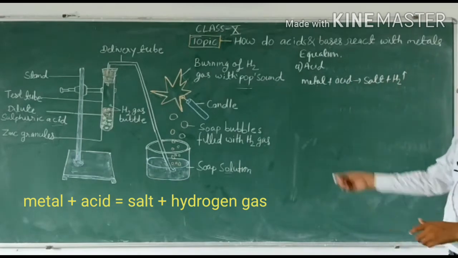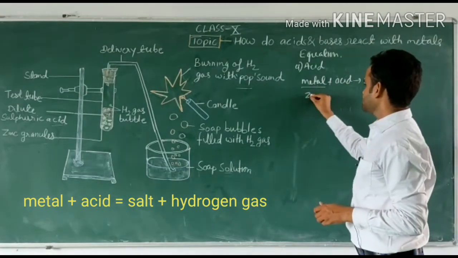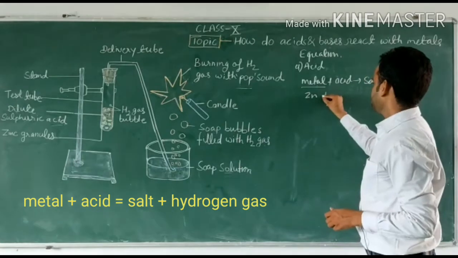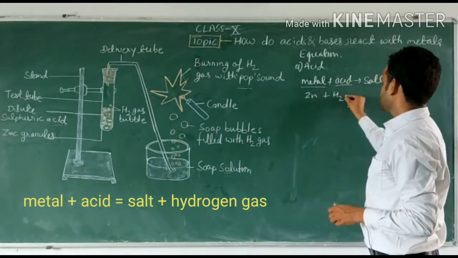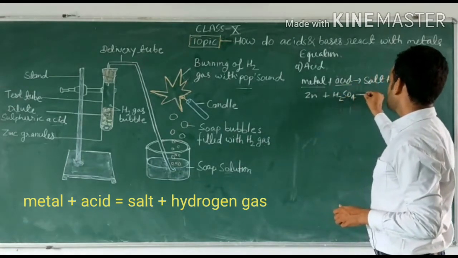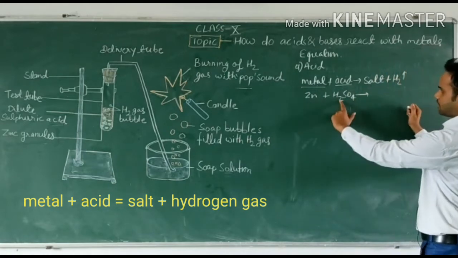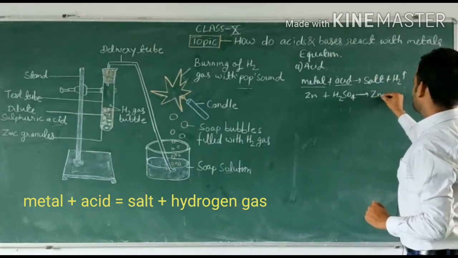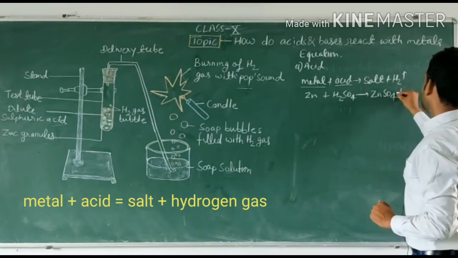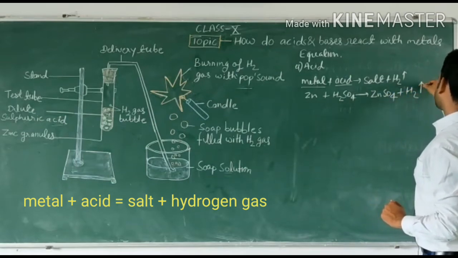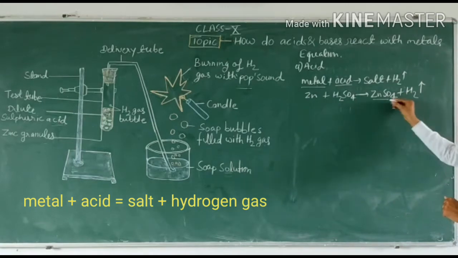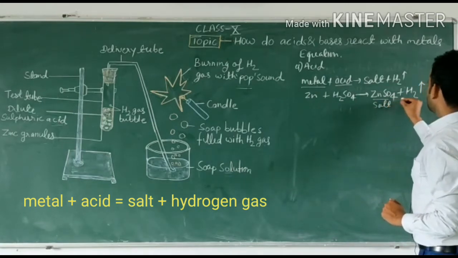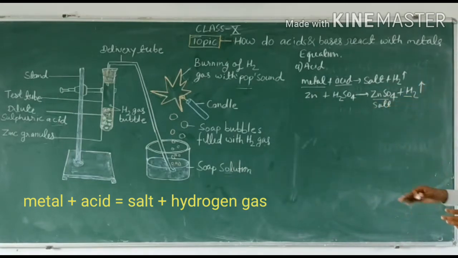As metal we are taking zinc here, and as acid we are taking H2SO4, that is sulfuric acid. So zinc displaces hydrogen from its compound and it forms ZnSO4, zinc sulfate, plus hydrogen gas. This is a salt and this is hydrogen gas, you can see. So when metal reacts with the acid, it forms salt and hydrogen gas.